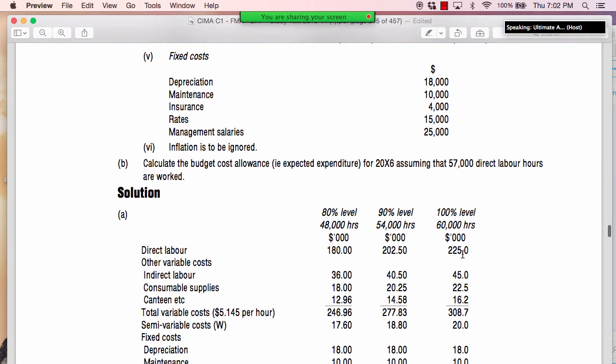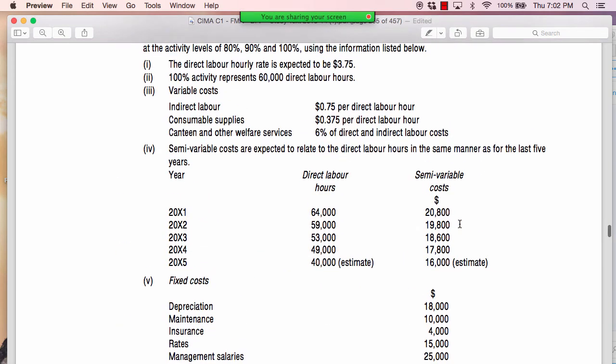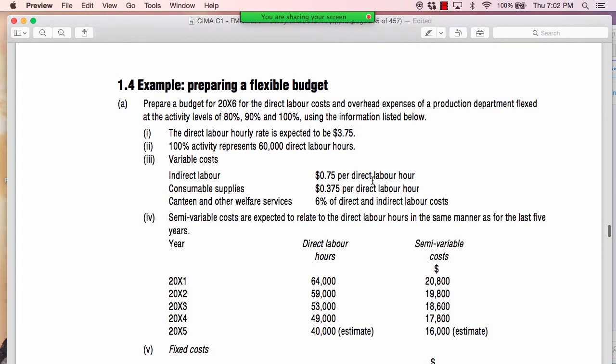Okay. So similarly, you will do for these two as well, 54 and 48. And then you will do the similar thing for indirect labor hours, consumable supplies, canteen. Because they have given you, for example, here, indirect labor 0.75.